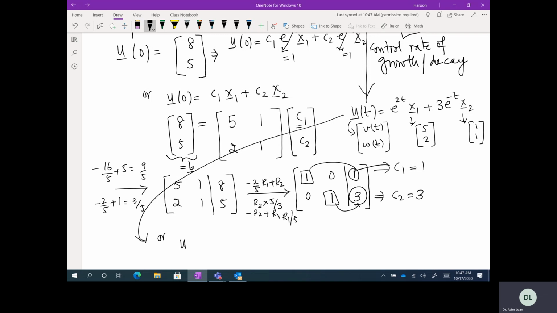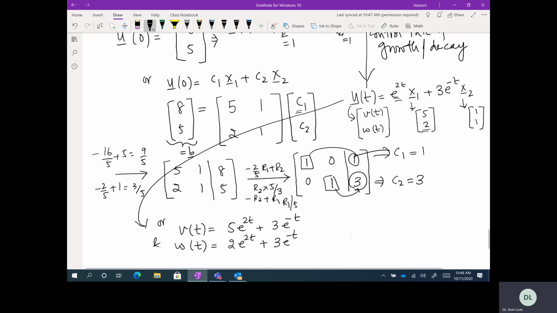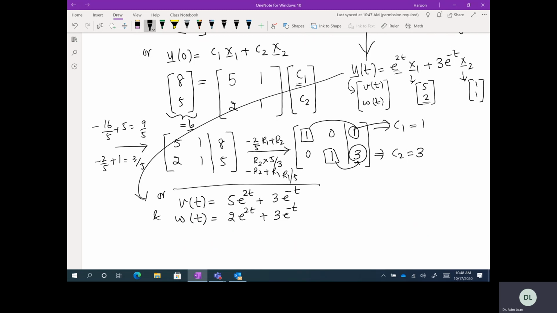So v of t equals 5e^(2t) plus 3e^(-t), and w of t, the second row, is equal to 2 into e^(2t) plus 3 into e^(-t). Okay. So this is the solution of our differential equation, which we have found using the eigenvalues and eigenvectors.